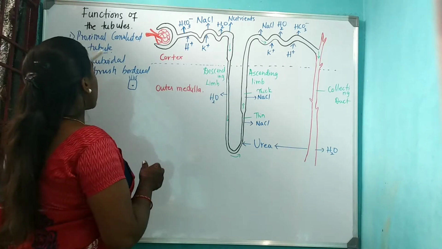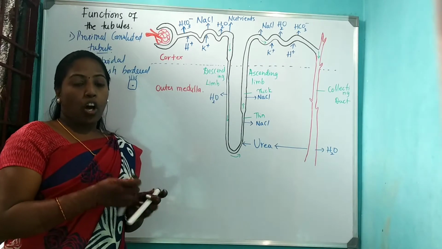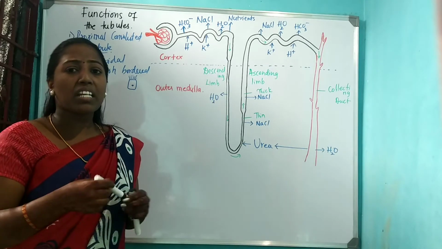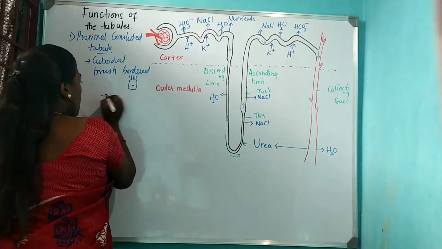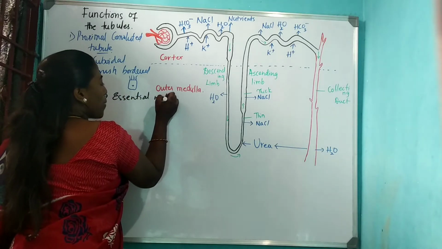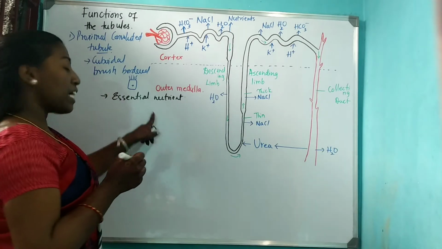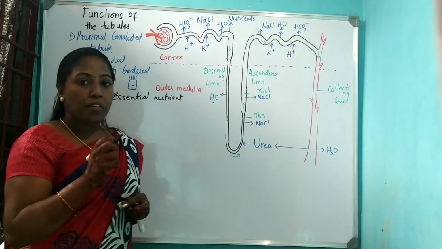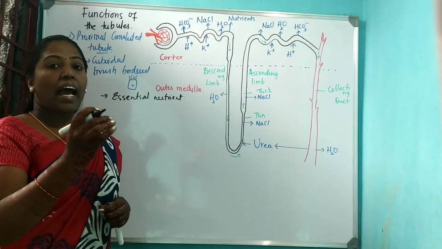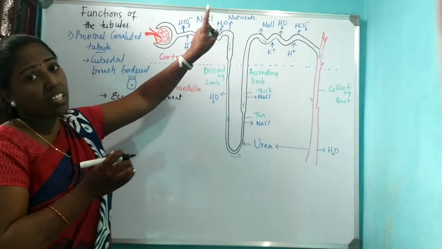The PCT is the region where the maximum amount of essential nutrients is reabsorbed. Not only that, 70 to 80% of water as well as electrolytes are also absorbed in the PCT region.